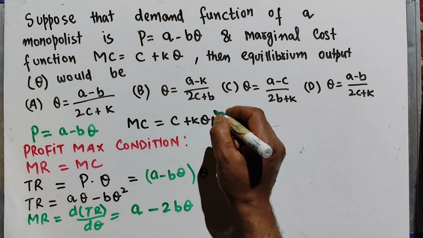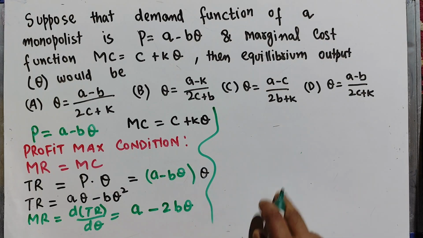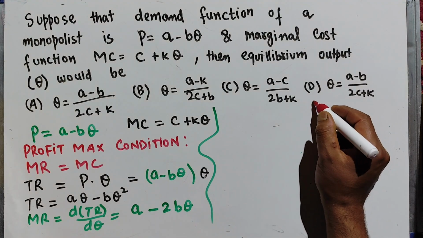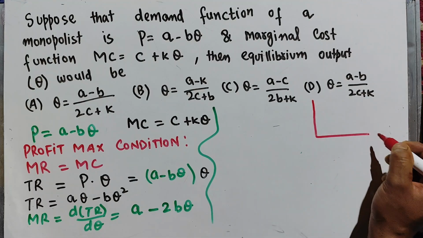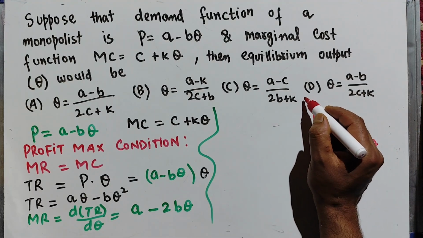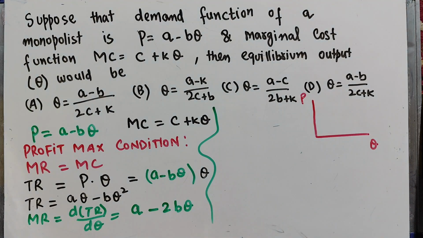Now we are done with the marginal revenue also. And to make things simpler, let me draw a small graph here. Let us say output is on the horizontal axis and price is on the vertical axis, along with marginal revenue and marginal cost.